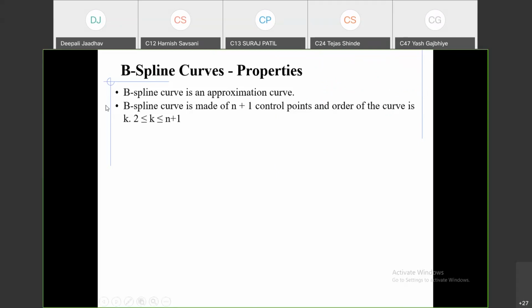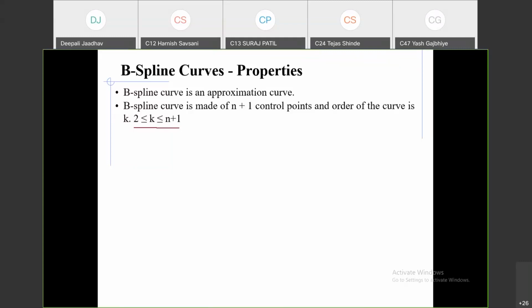But in the B-spline curve, if there are n plus 1 control points, the order of the curve is k, which is a different integer value. It does not exactly depend on n plus 1. So what is this k? This k is greater than or equal to 2 and less than or equal to n plus 1.